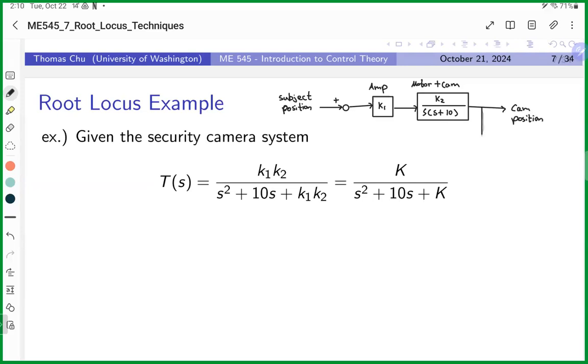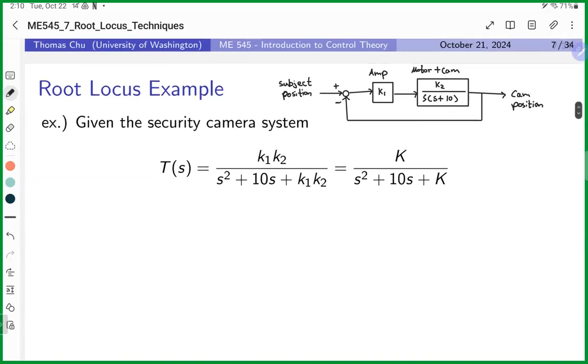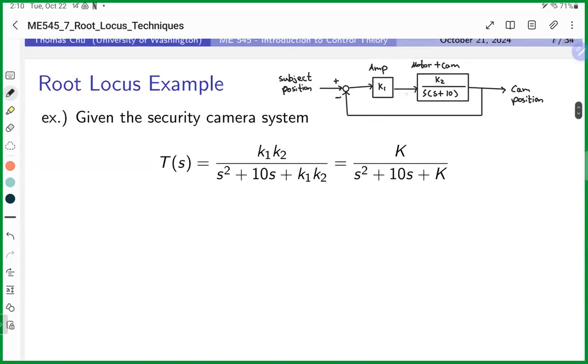Then we're going to feed this back because the camera needs to know where it's actually looking compared to where it wants to look. So we feed it back here, and then the amplifier just amplifies this error. Then we're going to combine these where we let k equal k1 times k2.